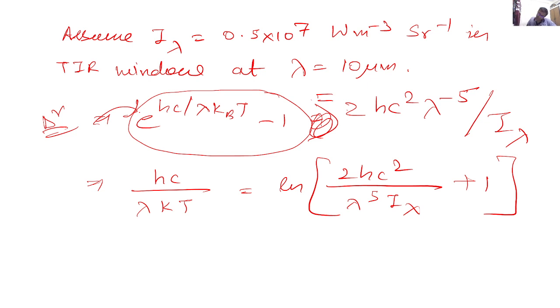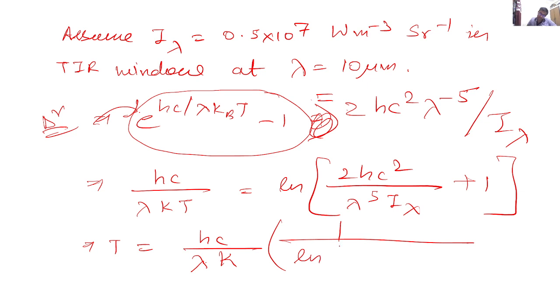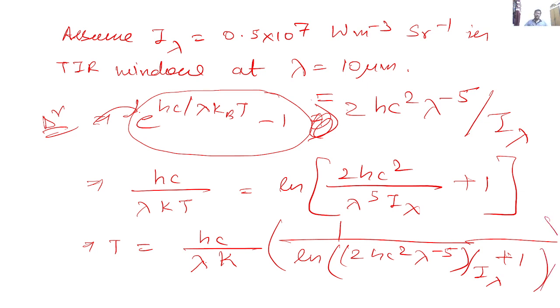Okay, this implies T, just invert it to get the temperature: hc by lambda k times 1 by ln 2 hc square times lambda power minus 5 by I lambda plus 1. That is how we arrived at this.